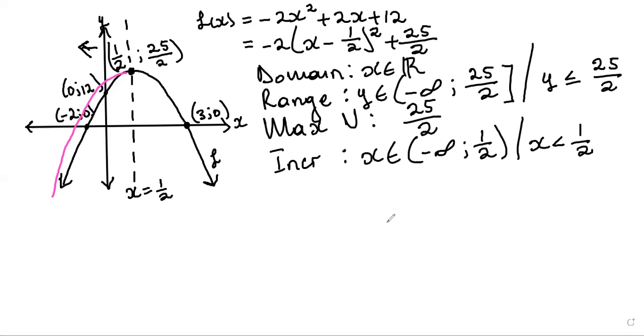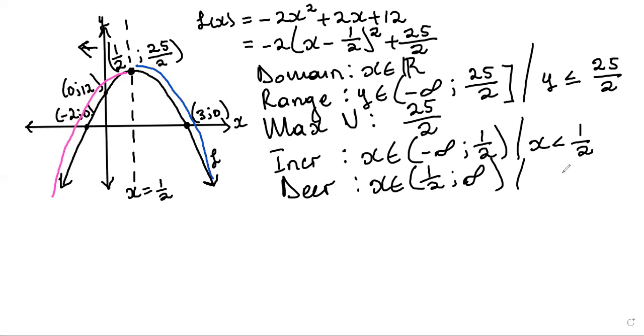That's fine. But now where is this function decreasing then? If you look on the right of 1/2, you can see that the function is decreasing. So it means the function will simply decrease where x is an element from half all the way to positive infinity.